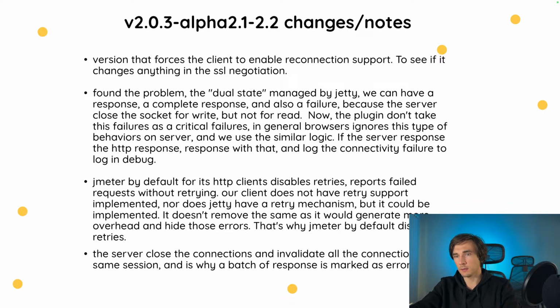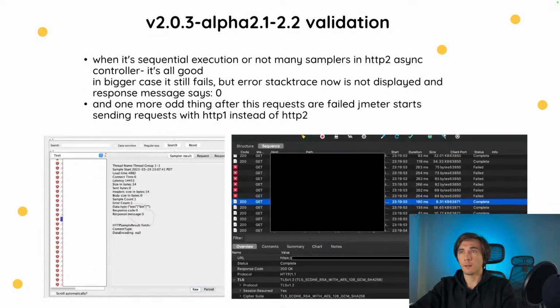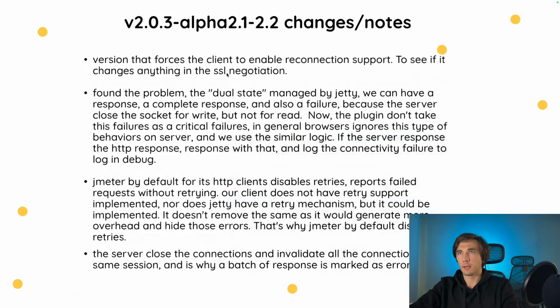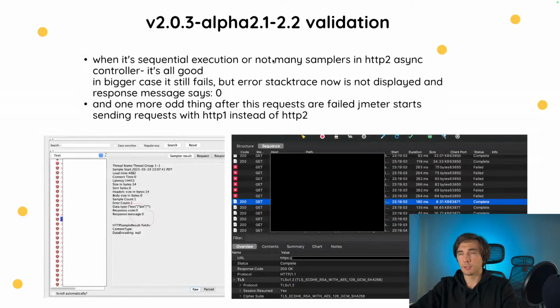If something failed, it is not retrying it, and that is also not yet implemented, unfortunately. So after this reconnection support, it was not able to provide any significant improvements, unfortunately. So it was still failing.